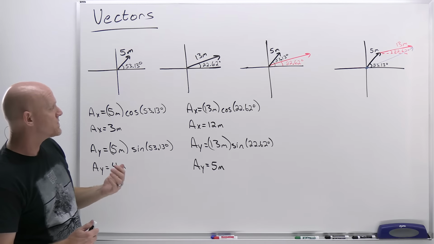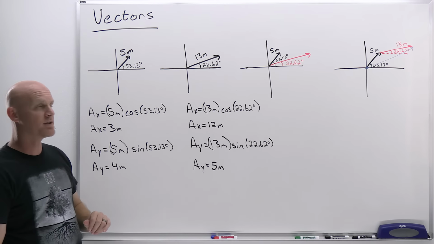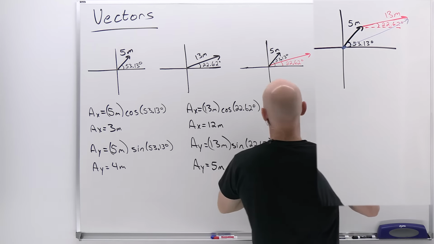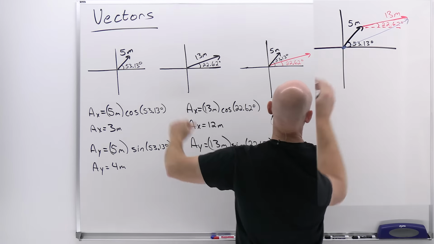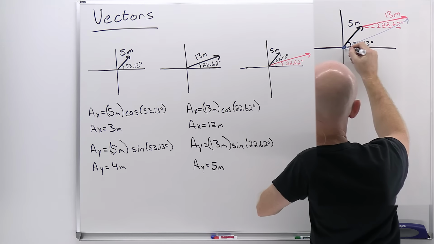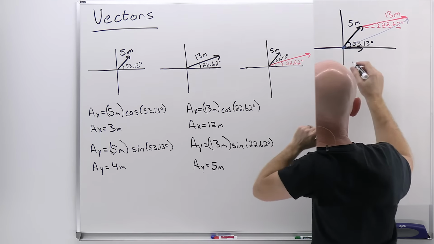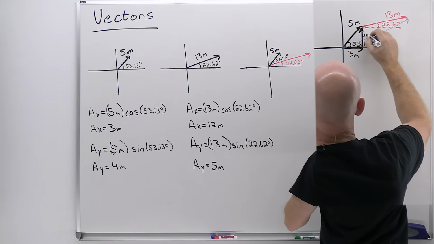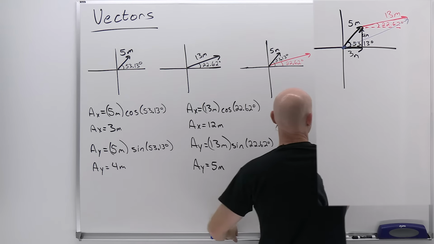Okay, so if we see what's really going on here with our x and y components, and we kind of superimpose it right back over here. So for the first vector, the 5, we had an x component right here that was equal to 3 meters, and a y component right here that was equal to 4 meters. Okay.